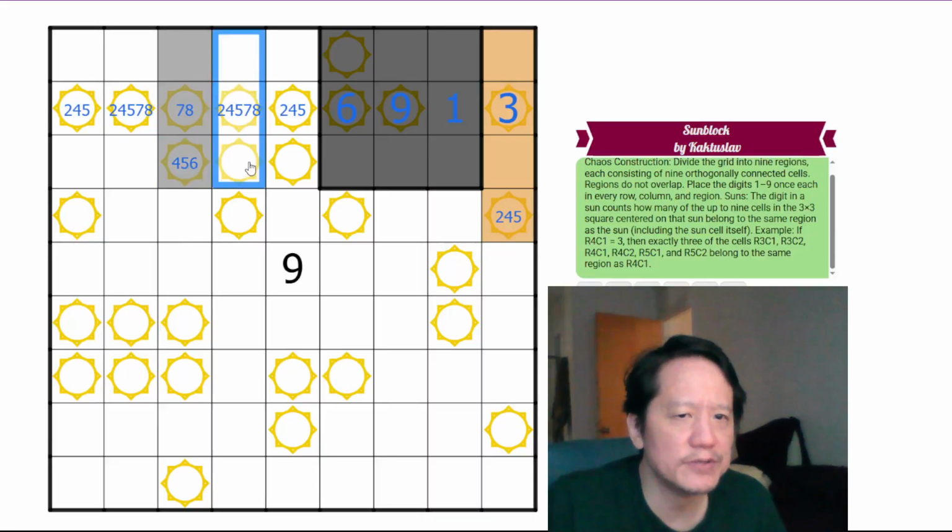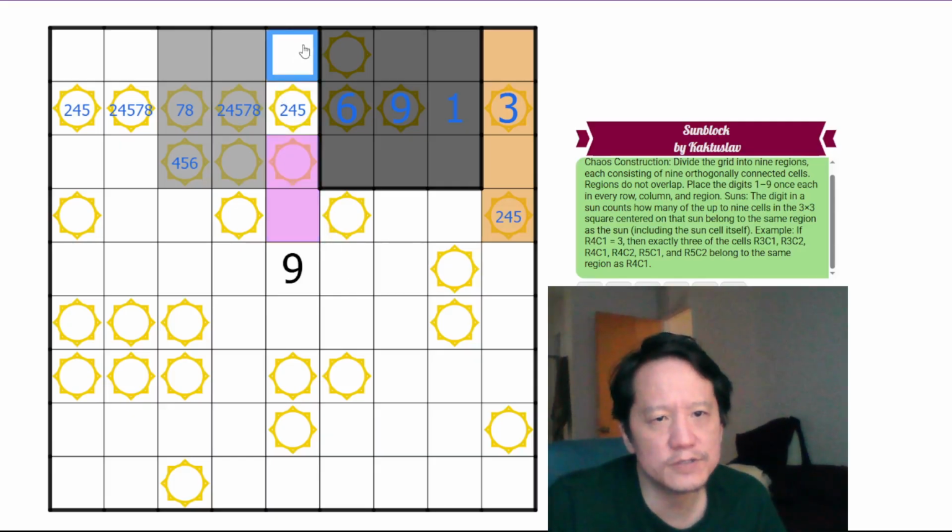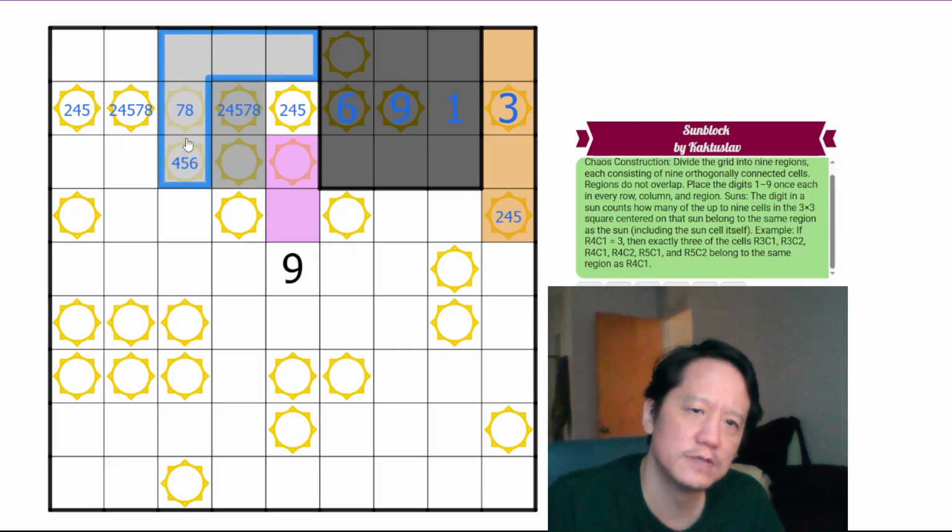So what happens if this is the section that's part of it? It could not close this off. This would have to be, obviously, a different region. So we'd have a different region there, guaranteed. One of these two is, so this would have to be there, at least.